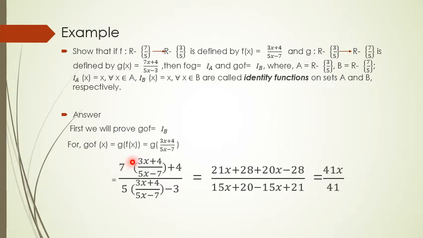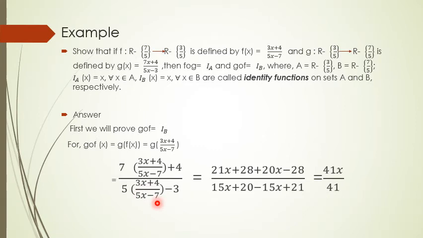That is, we will calculate [7(3x+4) + 4(5x-7)]/(5x-7) divided by [5(3x+4) - 3(5x-7)]/(5x-7).